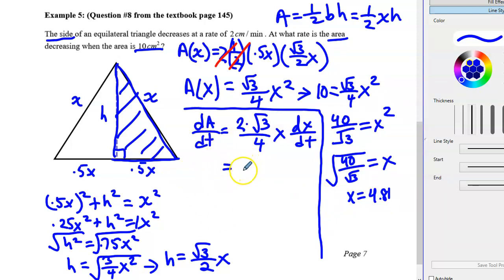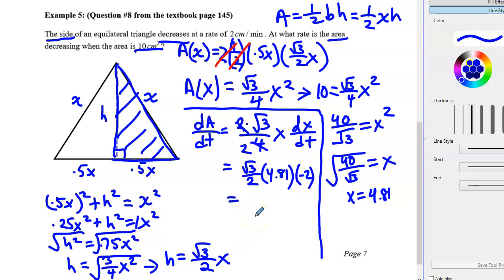So dA/dt is equal to, I guess we can simplify this. So this would be root 3 over 2 times 4.81 times the rate of change of the length of one side. Now it's decreasing at a rate of 2 centimeters per minute. So I'm going to go minus 2. And that should be my answer.